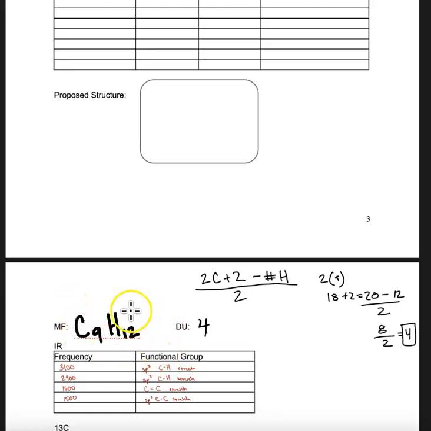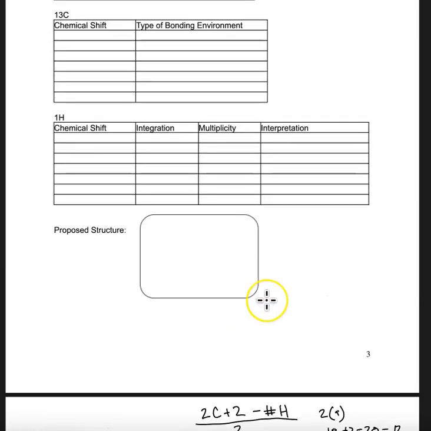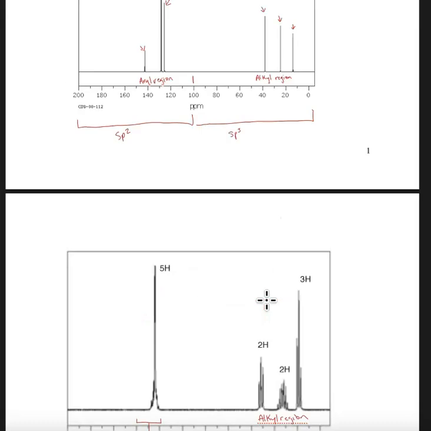But ours is simply a hydrocarbon, so we'll keep it simple. When we plug in our numbers, you get 4 degrees of unsaturation. Now, 4 degrees of unsaturation is actually indicative of an aromatic ring or a benzene ring. So I'm already thinking we might have one of those involved in our final structure.